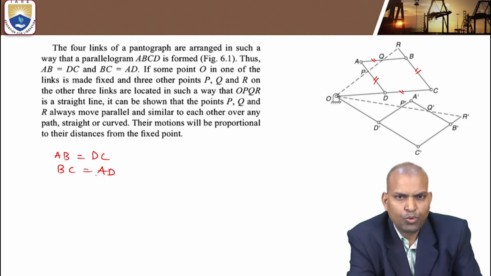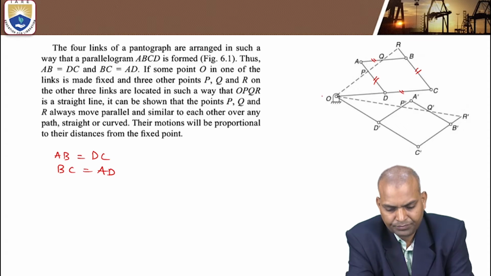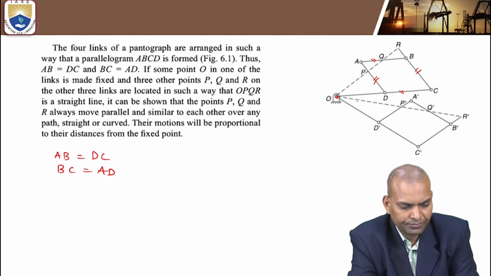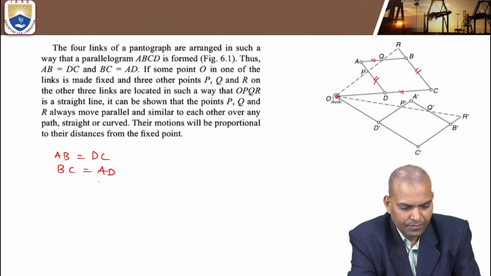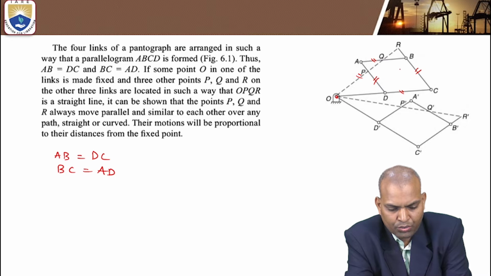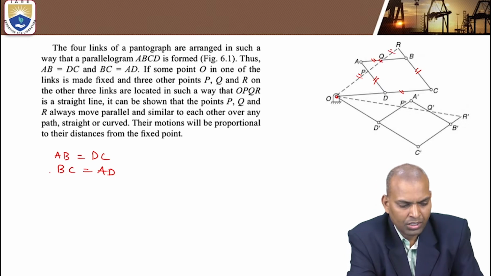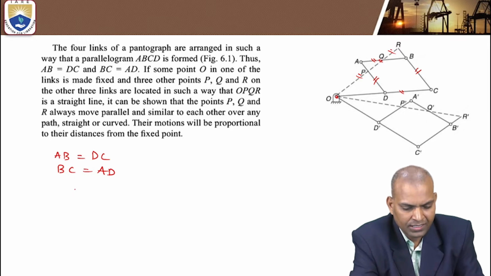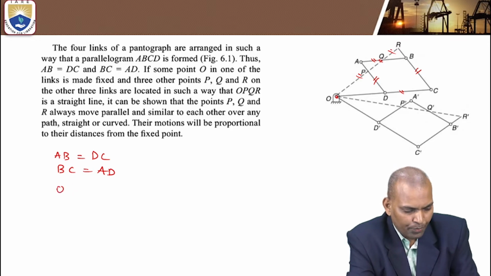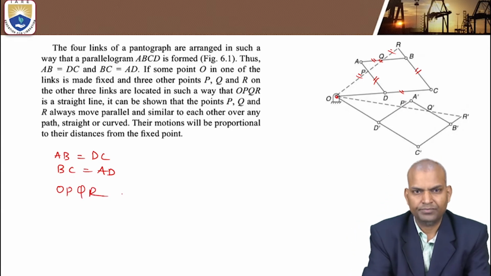If some point O on one of the links is made fixed, O remains fixed, and the other points P, Q, and R on other links are located in such a way that OPQR becomes a straight line.